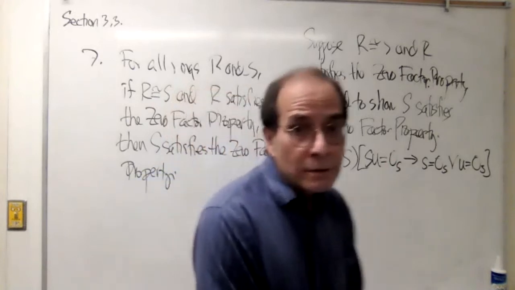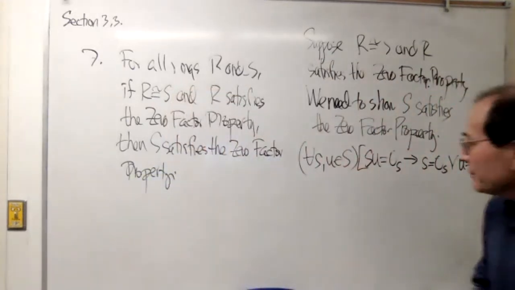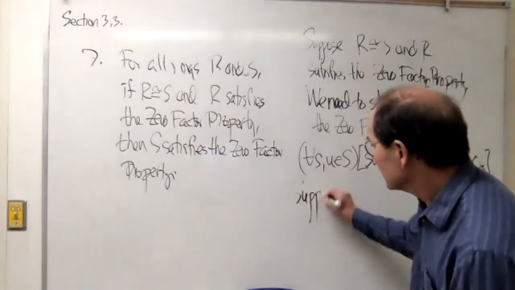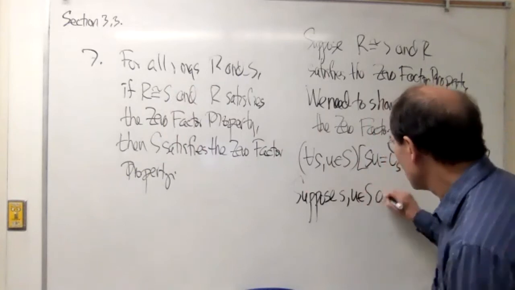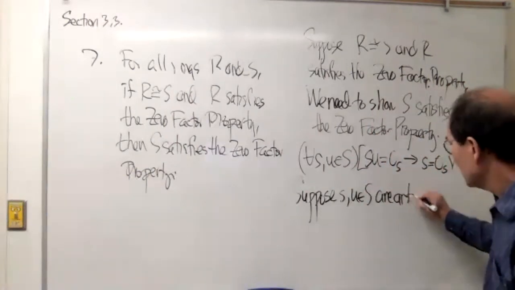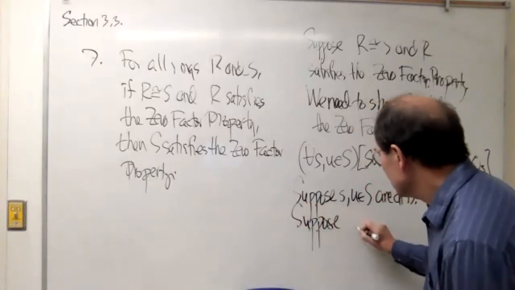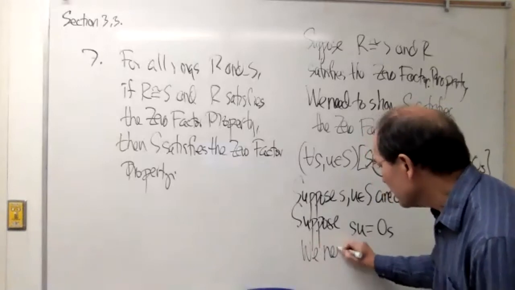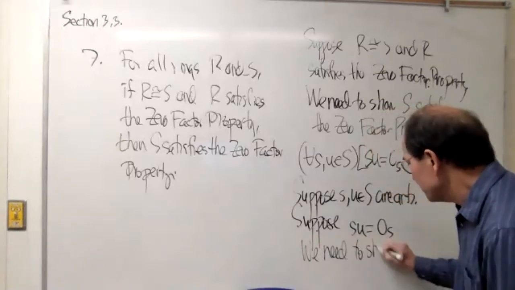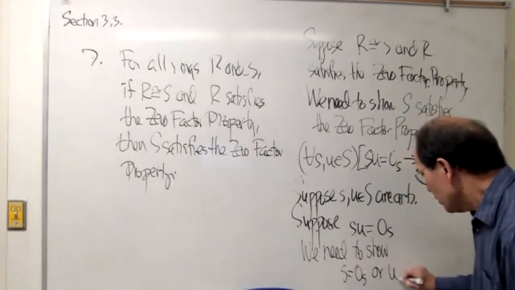Now I'm going to suppose that s and u are arbitrary elements of S. I'm going to suppose the hypothesis here, and then we need to show the conclusion here. So we need to show that s is 0 or u is 0.